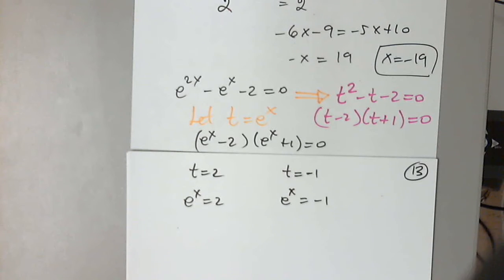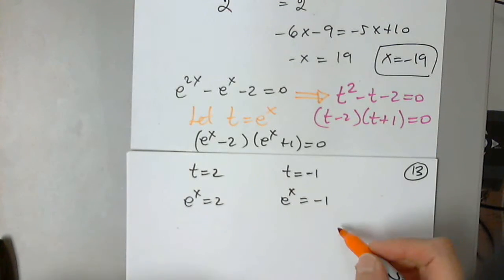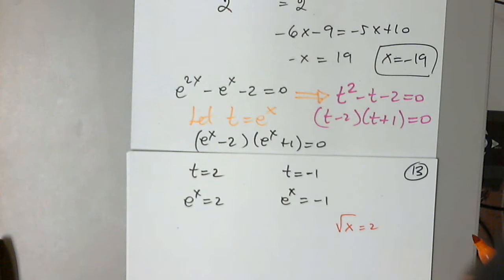And now, there is no way, absolutely no way, I can present e and 2 with the same base. At this point, I have to do something else. Similar to what we did when we solved this equation. What did we do here?